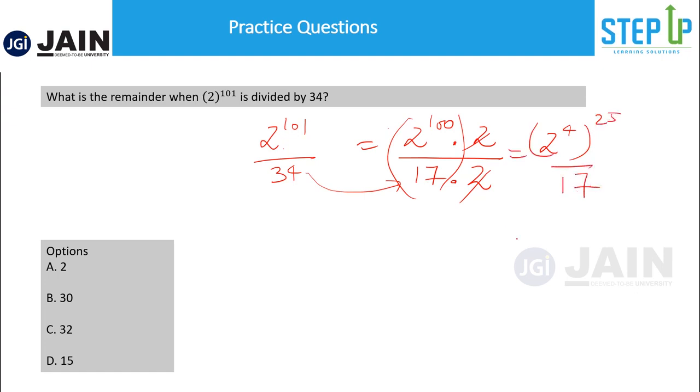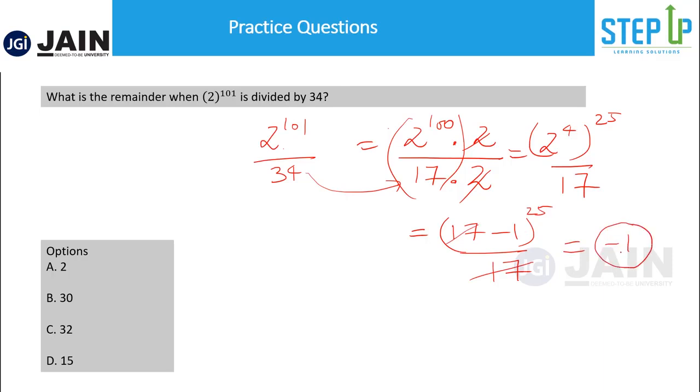And 2 to the power 4 can be written as 17 minus 1, right? This can be written as (17 minus 1) to the power 25 upon 17. Now of course 17 gets cut. All you get is minus 1 to the power 25. That means your remainder is minus 1.